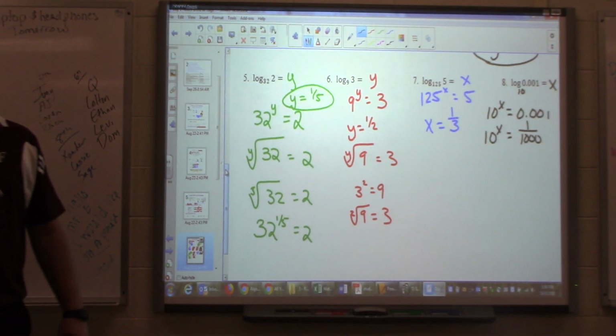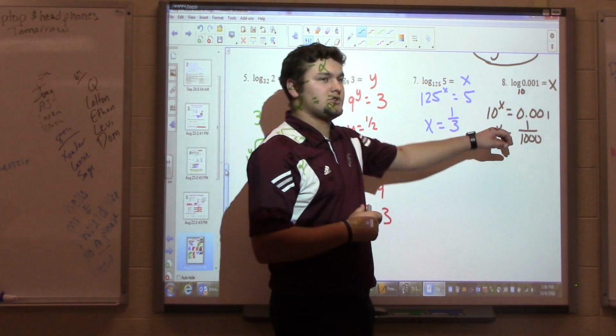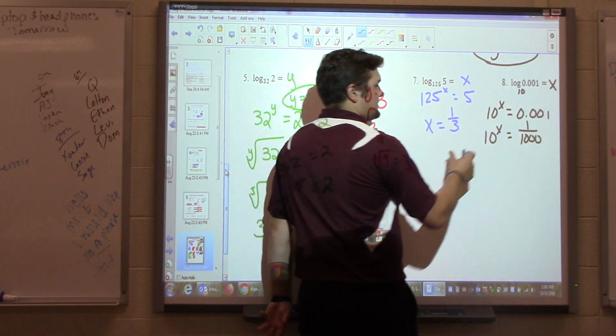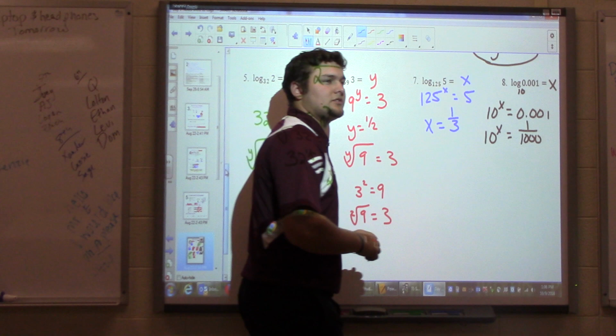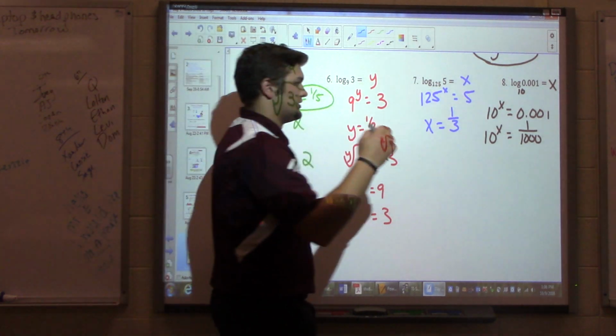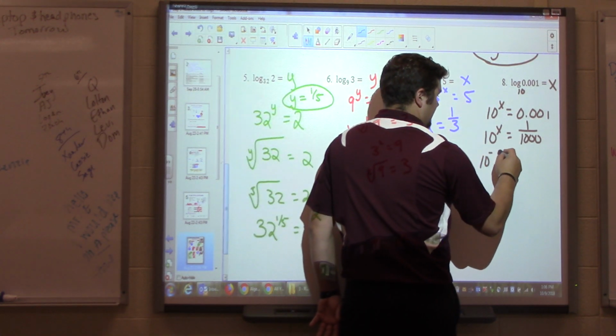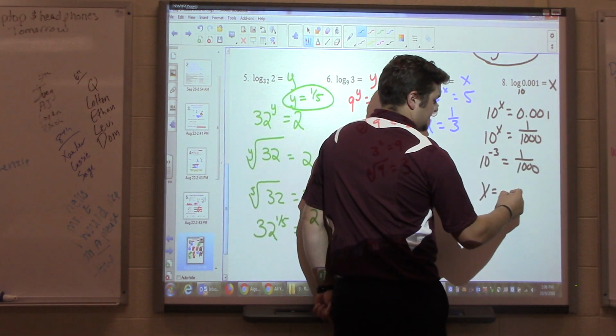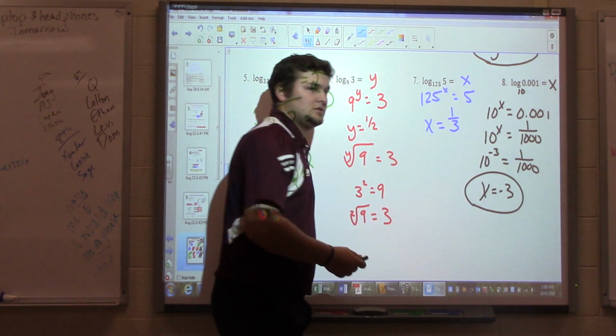I know I'm going from a whole number to a fraction, so what type of exponent should I have? A negative exponent. 10 to what power gives me 1,000? 3. So 10 to the negative 3rd power gives me 1 over 1,000. So x equals negative 3.